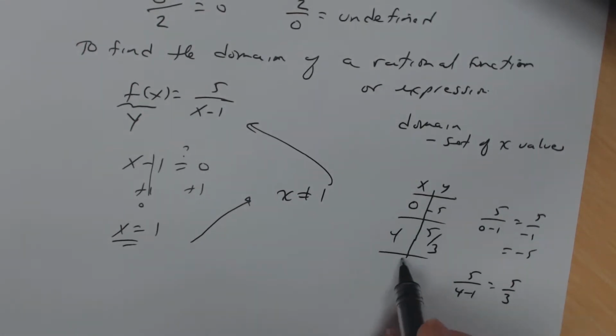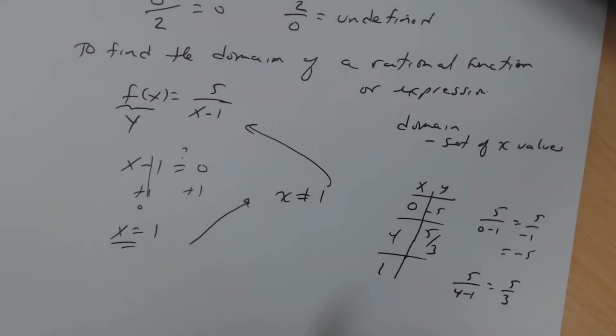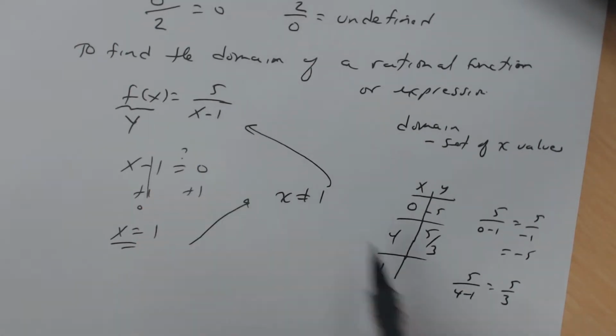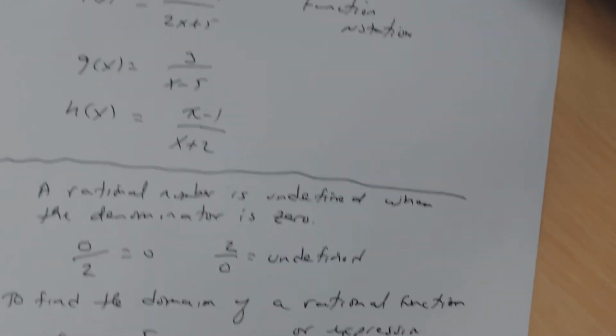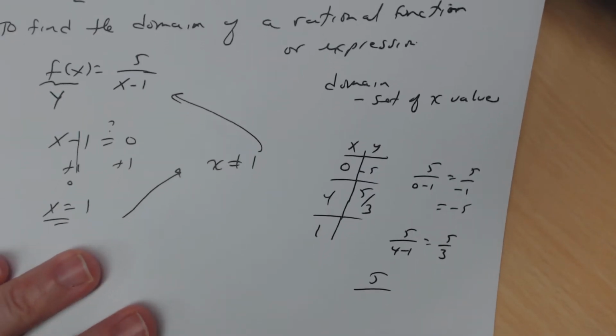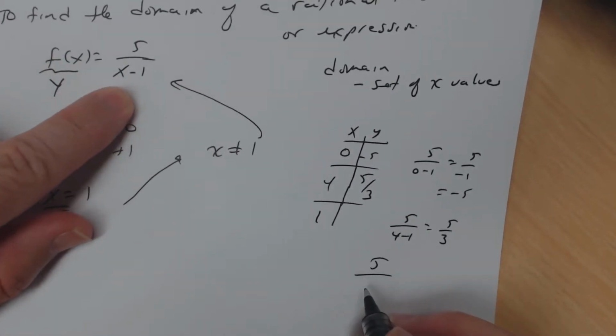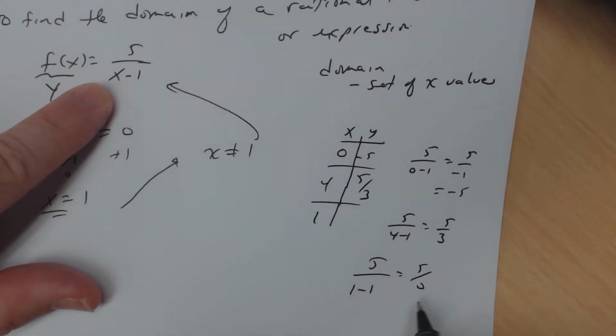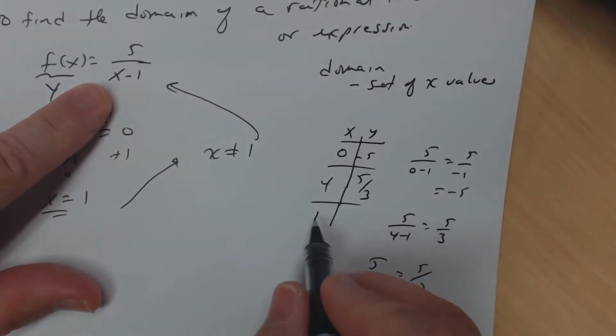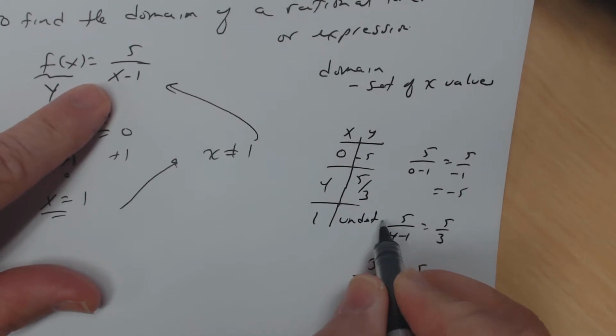But if I substitute 1 into x, I get 5 divided by x minus 1, with x as 1, that's 5 over 0, and we saw earlier that we cannot divide by 0. So when x is 1, this is undefined.